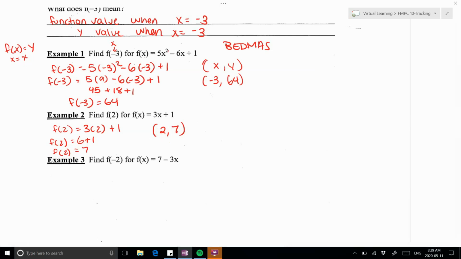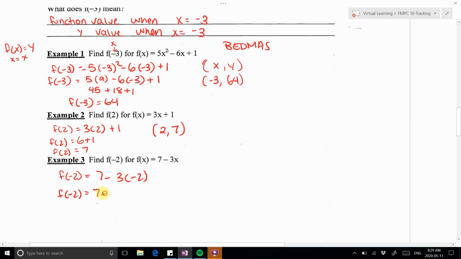F at negative 2 for this other function. So when x is negative 2, that means that in this equation, and you will have different equations, you can use the same numbers on different equations. We're just looking to see what the y values are. So negative 2, I'm now going to sub that into my equation. And then once it's subbed in, we're just doing that BEDMAS. Do I have any brackets? No. Exponents? No. Division, multiplication? Yes, I have one here.